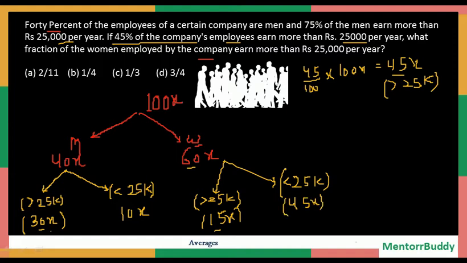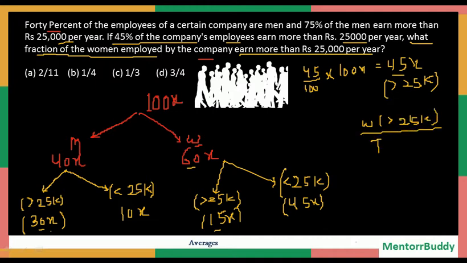Now coming to the question. The question says, what fraction of women employed by the company earn more than 25,000 per year? So we can see we need to figure out the women who were earning more than 25,000 upon the total women, which is going to be the respective fraction asked.